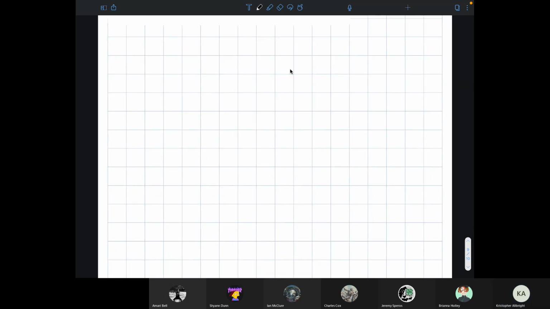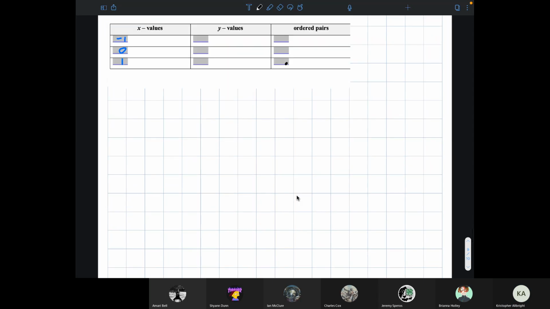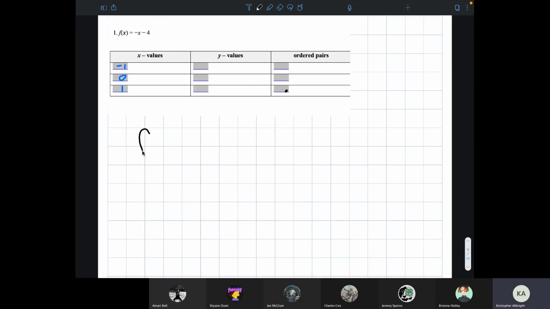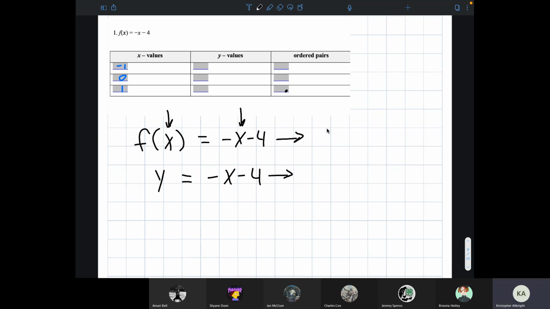We say f of x or y, either one, equals -x minus 4. So this is function notation, if you'll remember, and all it means is whatever we plug in right here goes right here. So if we do f of -1, we get -1 minus 4.